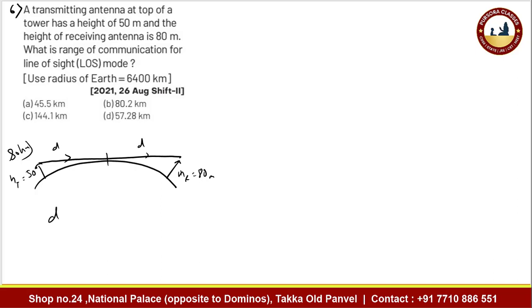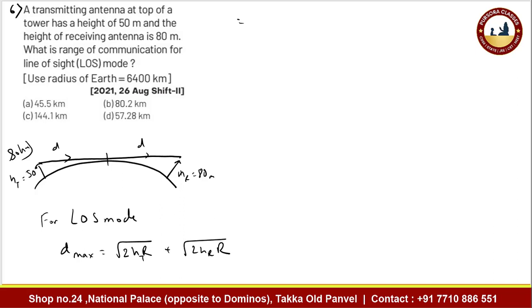So maximum for line of sight mode, D maximum will be equal to under root 2hT for transmission plus under root 2hR for receiving.